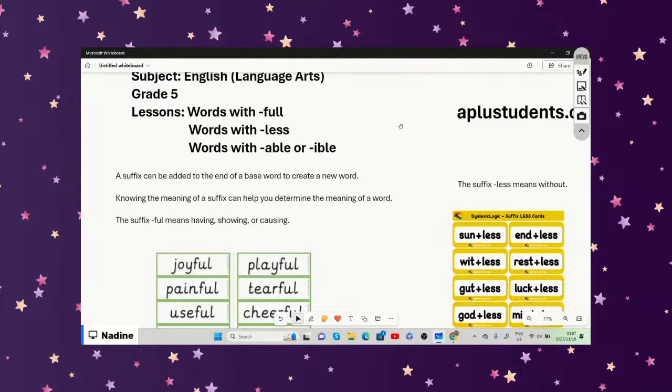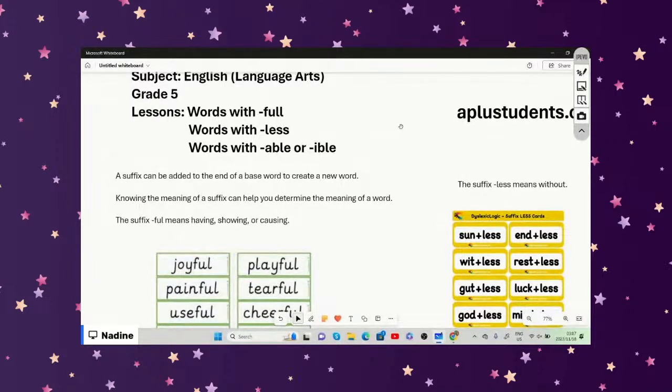Once you add full, less, or able at the end of the root word, it creates a new word, so the meaning of the word changes.